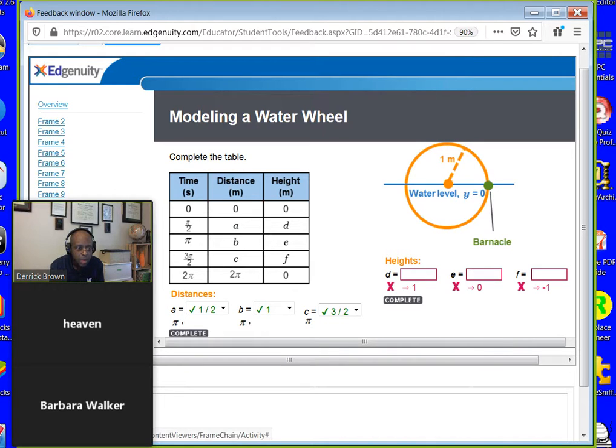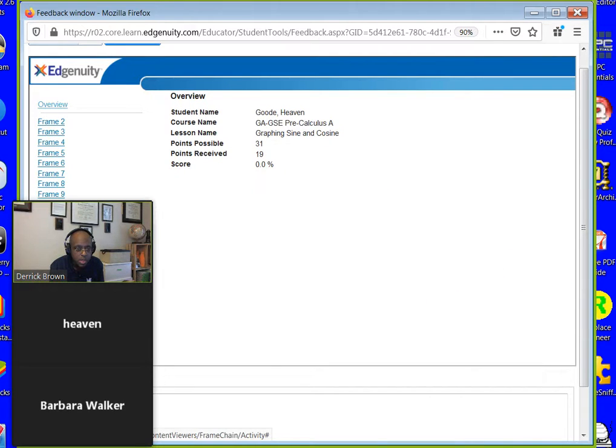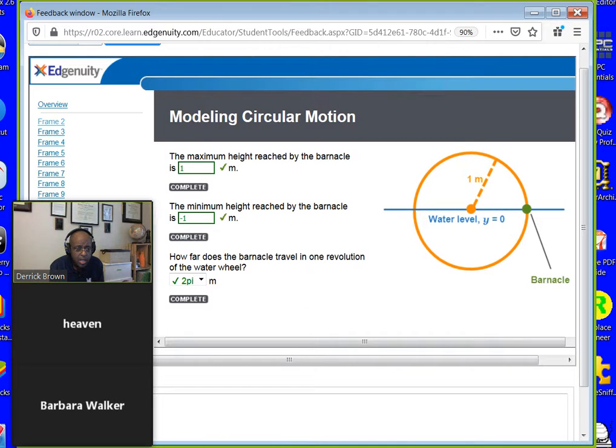All right, Heaven, we might need to back up to, yeah, I'm not sure any of these frames will give me video, but let me look at these. Yeah, this might be what we need to do. All right, maximum height reached by the barnacle is 1 meter. Minimum height is -1.